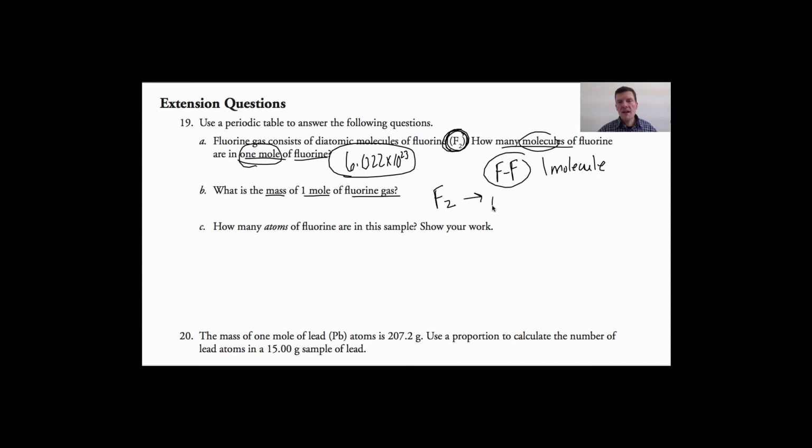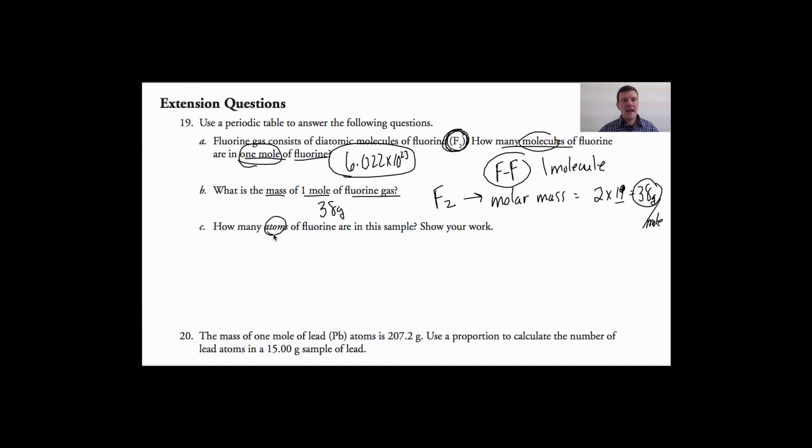So the molar mass of F2 is 2 times 19, so it's going to be 38 grams per mole. What is the mass of 1 mole? The mass of 1 mole is going to be 38, not just 19, because you've got 2 in there per unit.